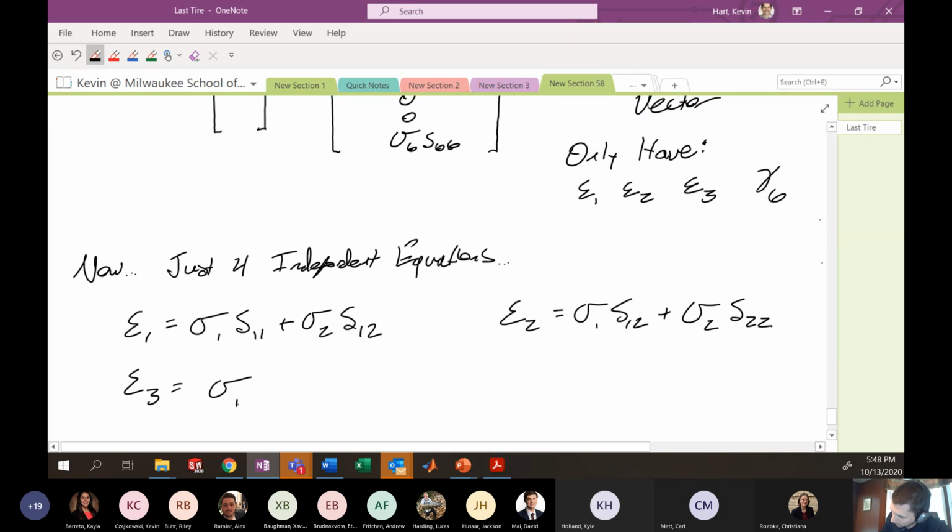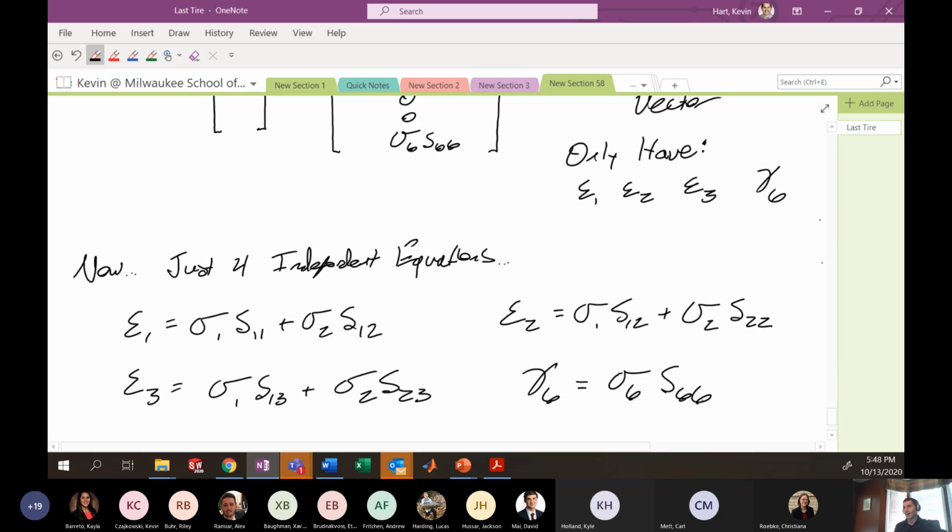Epsilon 3 is sigma 1 S13 plus sigma 2 S23. And then gamma 6 is just sigma 6 times S66. So these are the only 4 equations you have for Hooke's law for a generally orthotropic material.